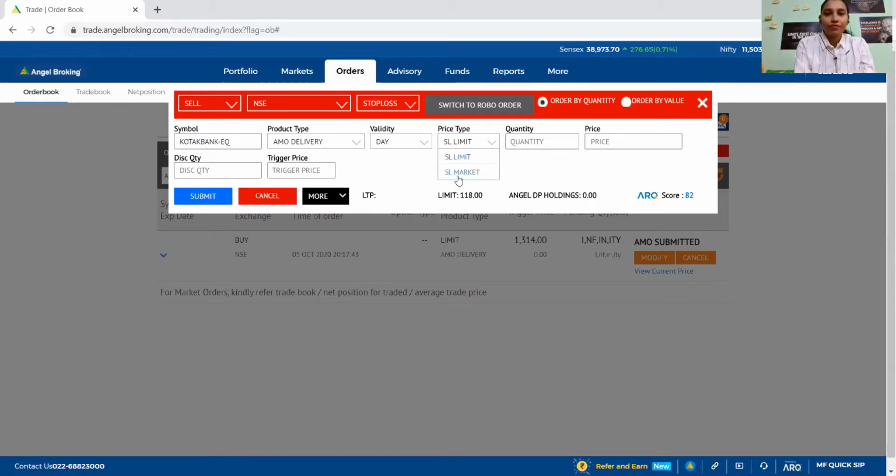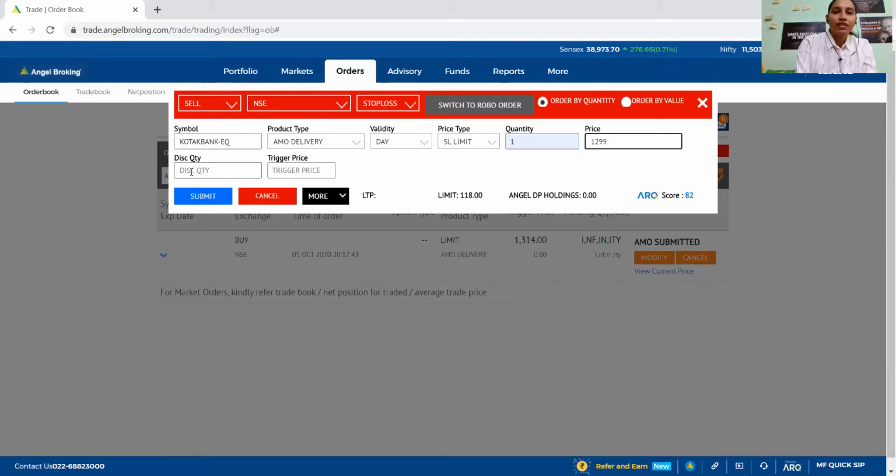Okay, so then over here, quantity and price. What is my price over here? 1300. So 1300 or below that, so what I do is I can keep 1299. I can just keep 1 rupee below that.